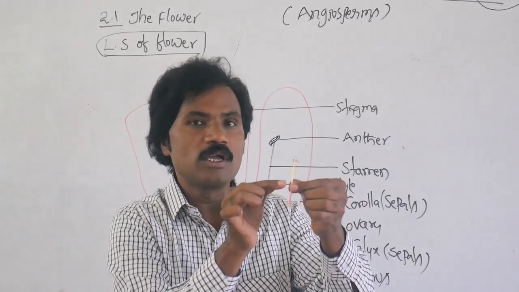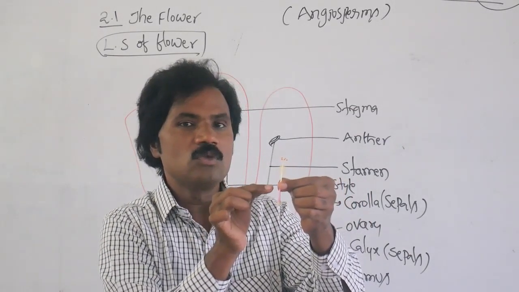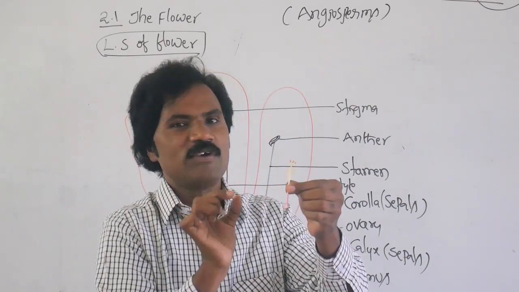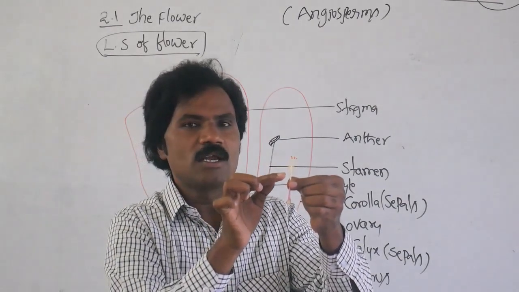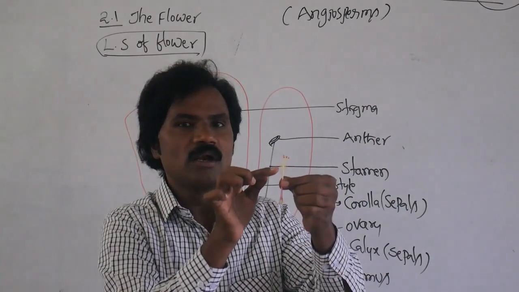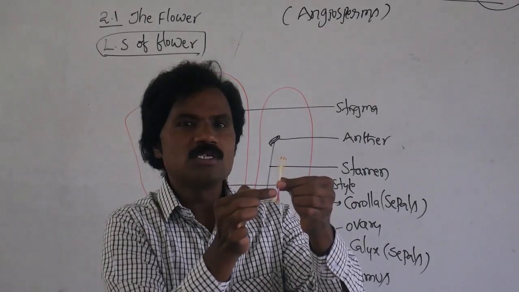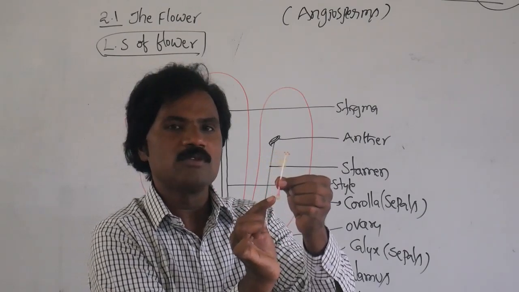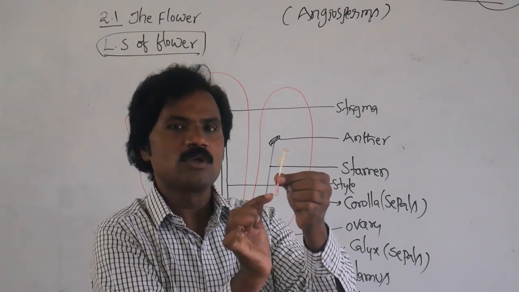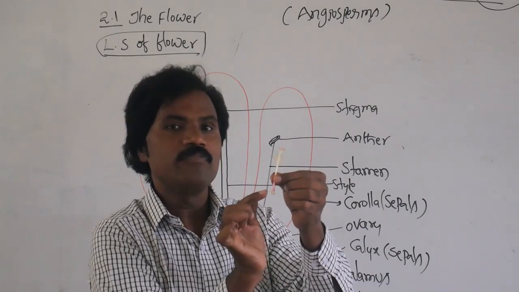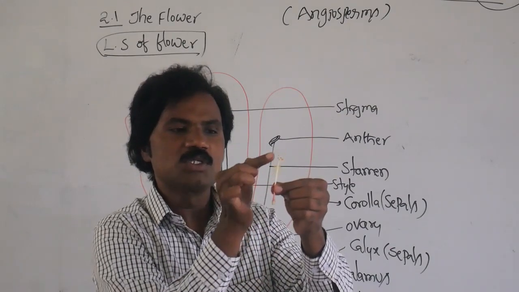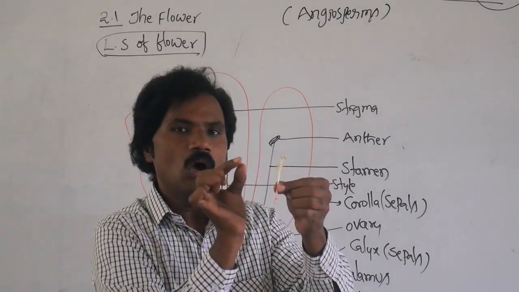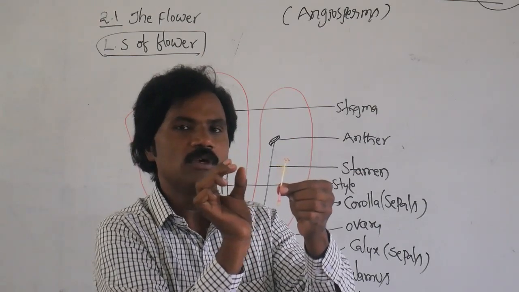This is called monoadelphous. Then these are the anthers. Towards the style, all stamens are fused together. The swollen part is the ovary. This is the ovary, and this is the style.